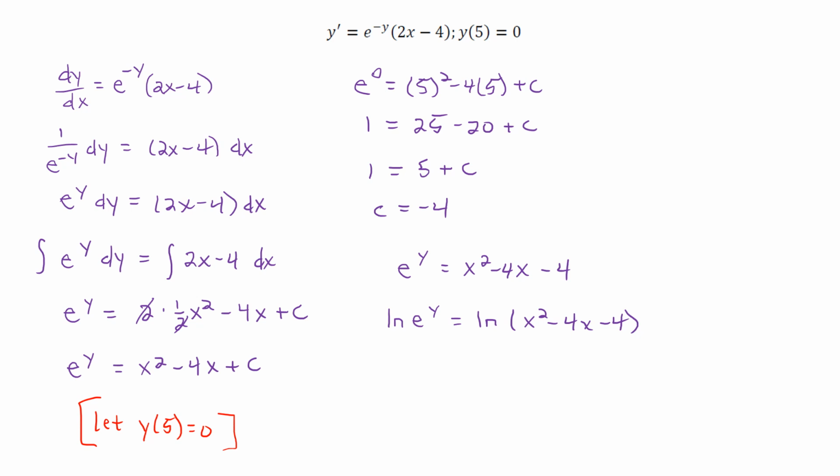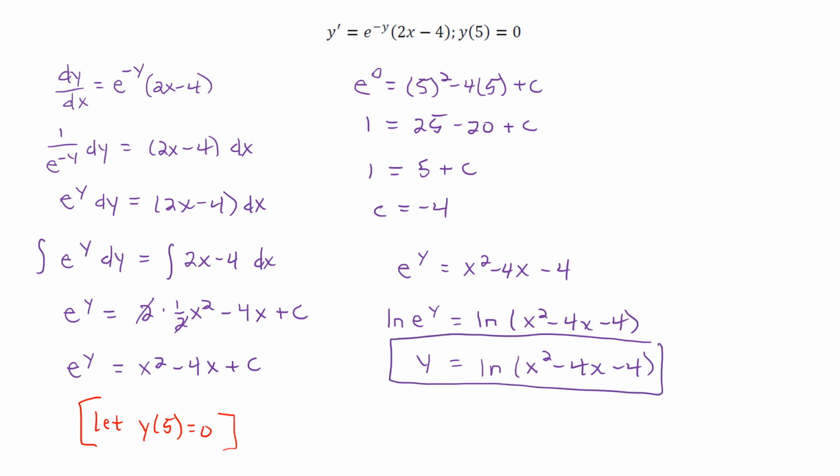That will eliminate the natural log of e when we move the power to the front using the log rules. And so y equals the natural log of x squared minus 4x minus 4. Okay, and that is our particular solution for this initial value problem.